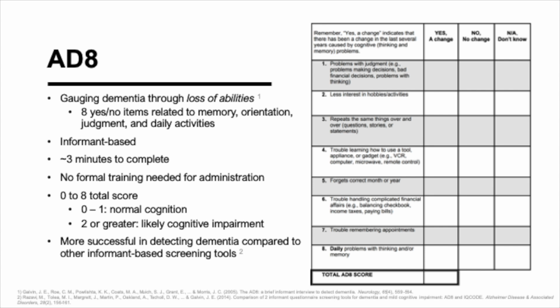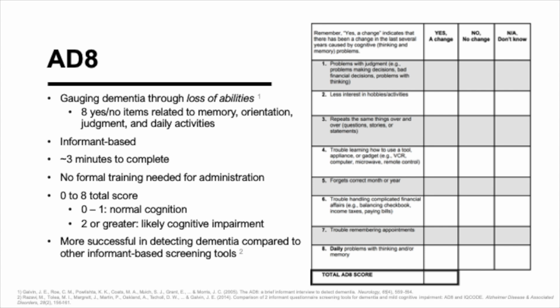And then to score this also is really simple, and why I think it's really helpful for us as non-clinicians, because it's very simple. Some measures require algorithms, this one doesn't. This one is just you get a score of 1 for each item you mark that there was a change, and then you just sum those. So the total score would range from 0 to 8, with any score 2 or greater indicating likely cognitive impairment.